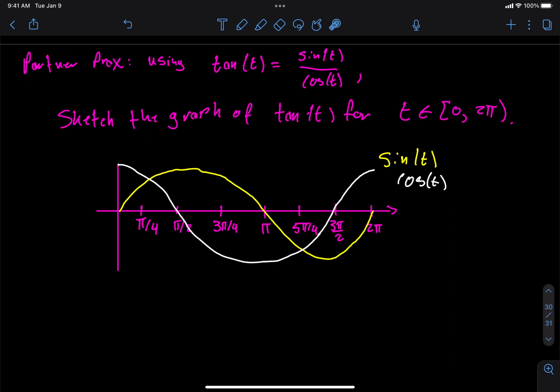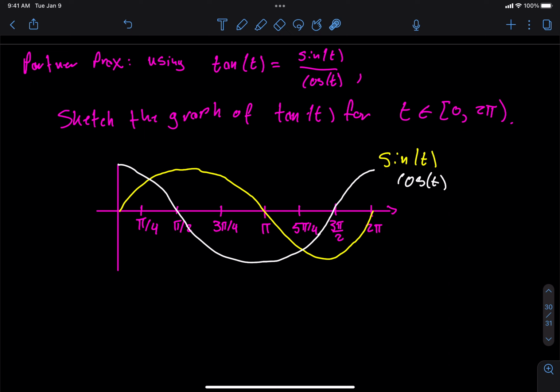What happens if I take a positive number and divide by something really, really small and negative? You're going to get a negative number, and it should be really, really big, because we're dividing by a really small number. So what kind of behavior are we going to see on the left side? It's going to be going to negative infinity. Does that make sense? So we get some kind of situation like this happening.